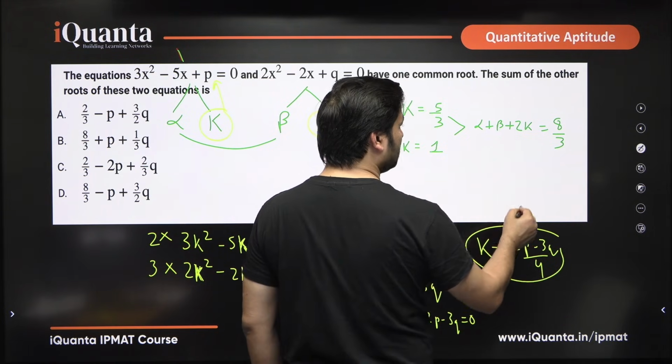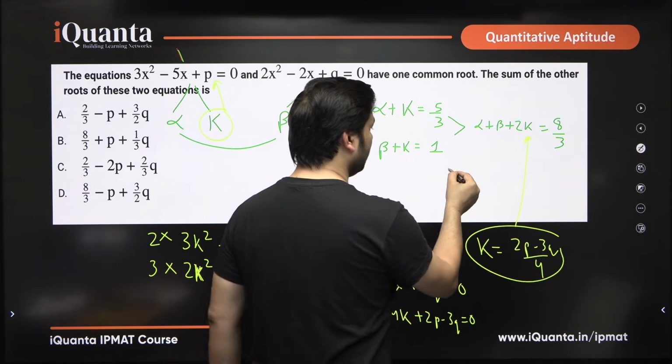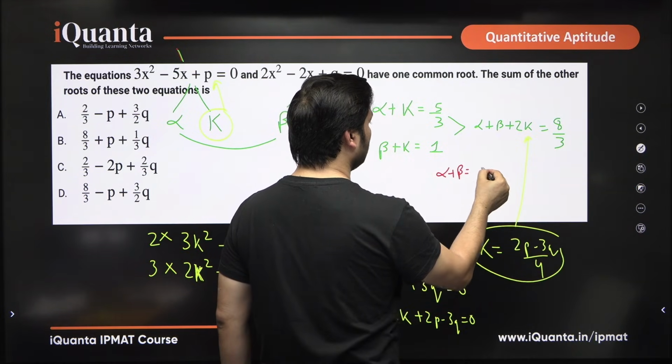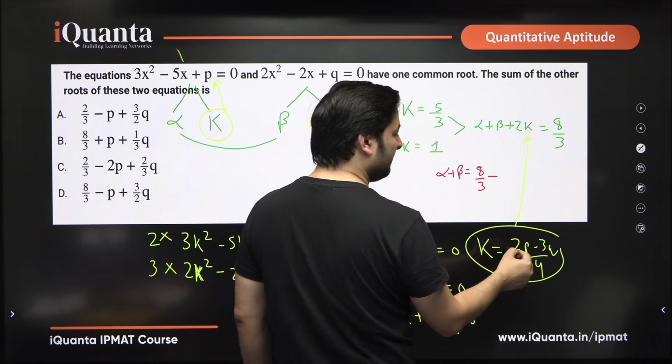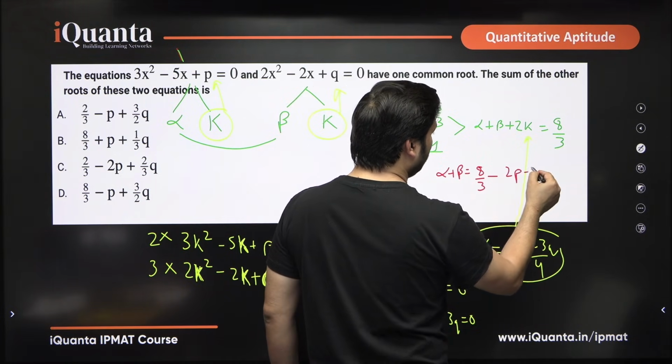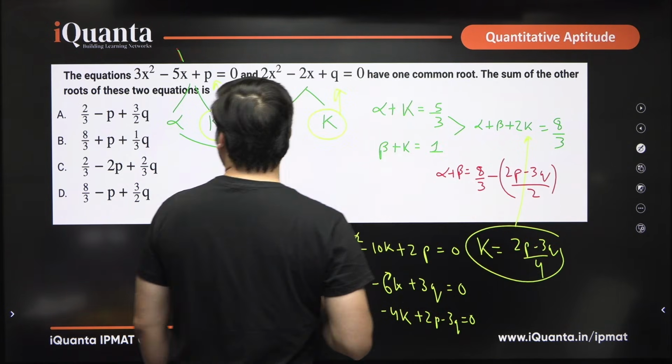Can I simply push the value of k here? Alpha plus beta will be equal to 8 by 3 minus 2k. Minus 2 times k will be minus (2p − 3q) by 2. Now you simply have to solve.